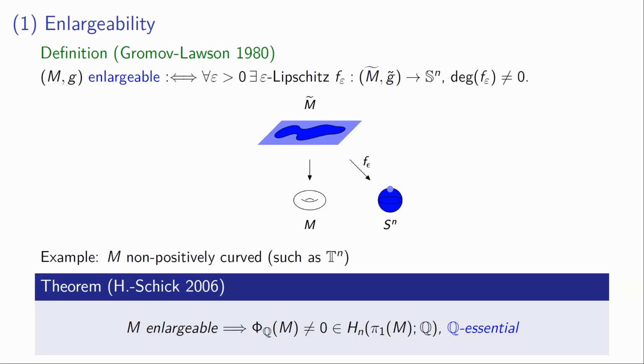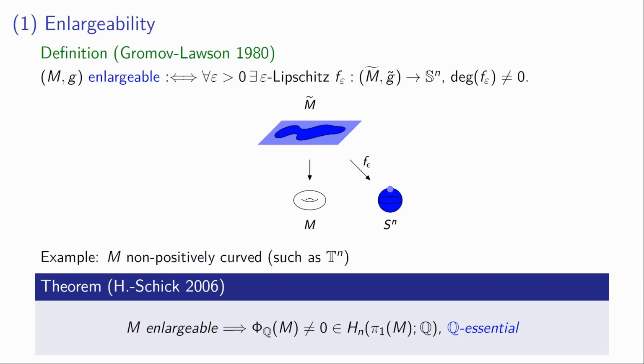which maps the blue region, which gets larger and larger when epsilon gets smaller and smaller. So this blue region is mapped to the n-sphere, and all the remaining part, which is outside the blue part, is mapped to a base point. I didn't write it explicitly, but here I mean that this map f_epsilon should have this property that everything outside of a compact subset of the universal covering is mapped to one point of the n-sphere. So one may call this almost proper or something like that.